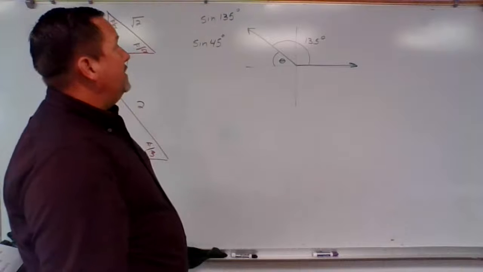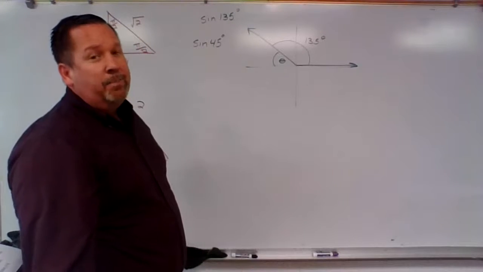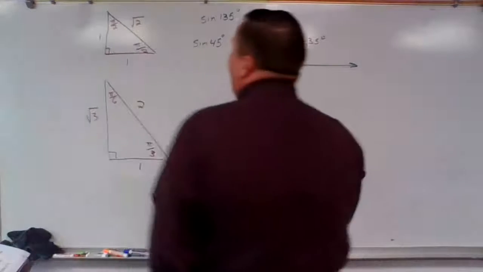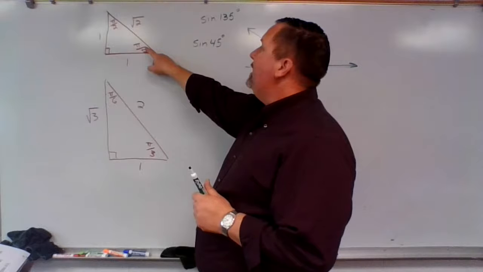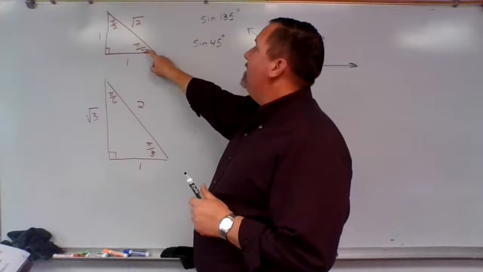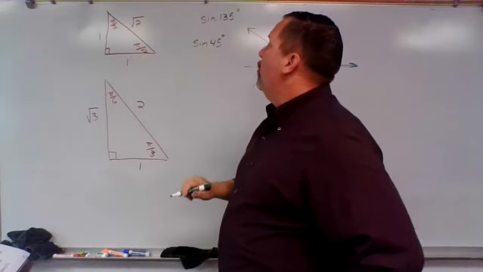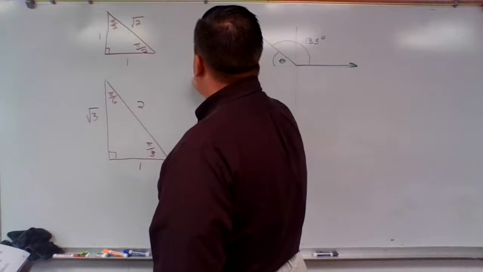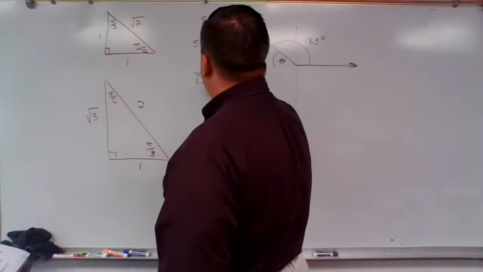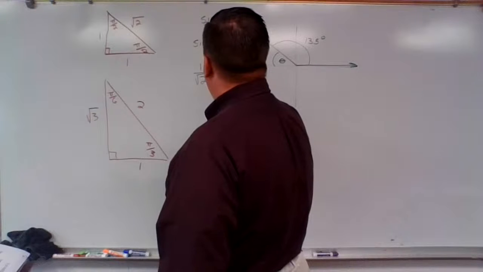Using a reference angle, and it happens to be that 45 degrees is a pretty good angle to use because I've got these special triangles. Here's 45 degrees. Sine of that is opposite over hypotenuse, 1 over root 2, which we're going to clean up.